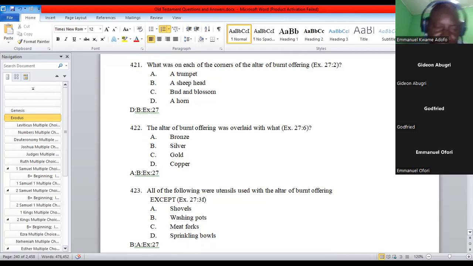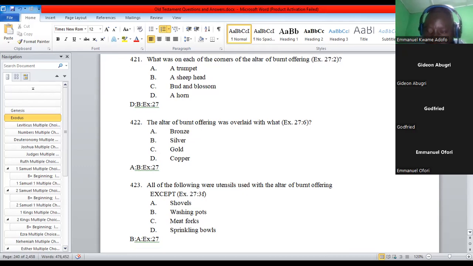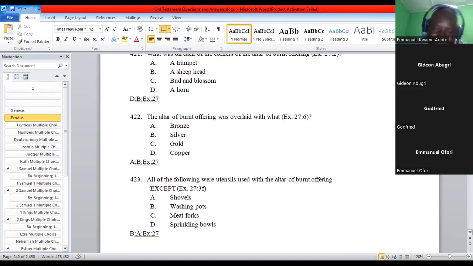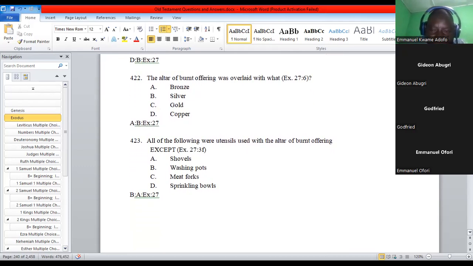So the washing pot wasn't part. The shovel was there to remove the ashes. The meat fork was to take the meat. Sprinkling bowls. So the washing pot wasn't there.